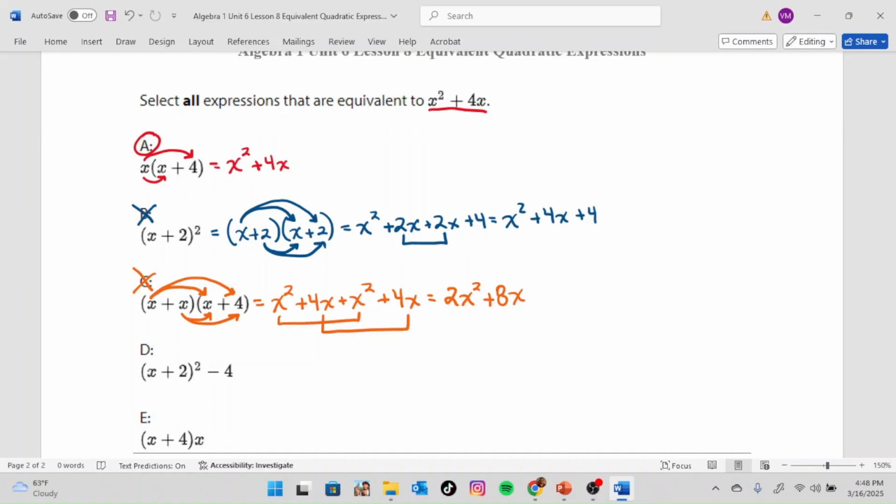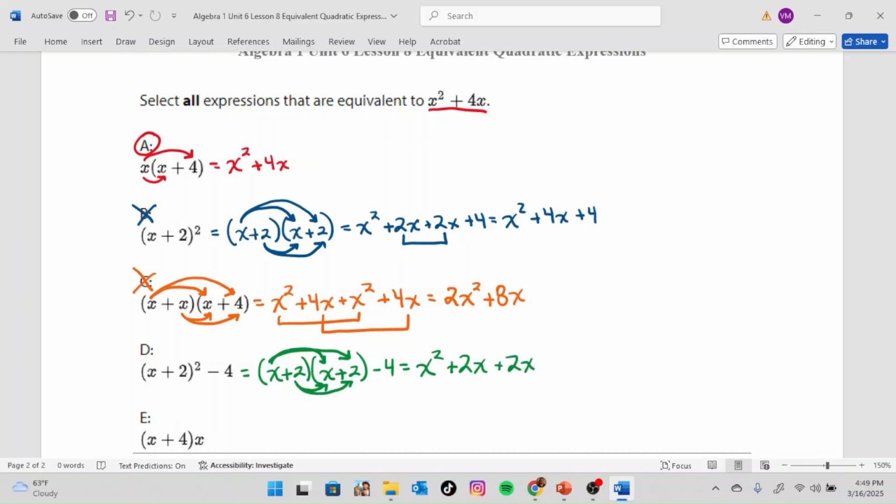Choice D. Here we have x plus 2 squared minus 4. So this is the same thing as x plus 2 times x plus 2 minus 4. X times x is x squared. X times 2 is 2x. 2 times x is also 2x.